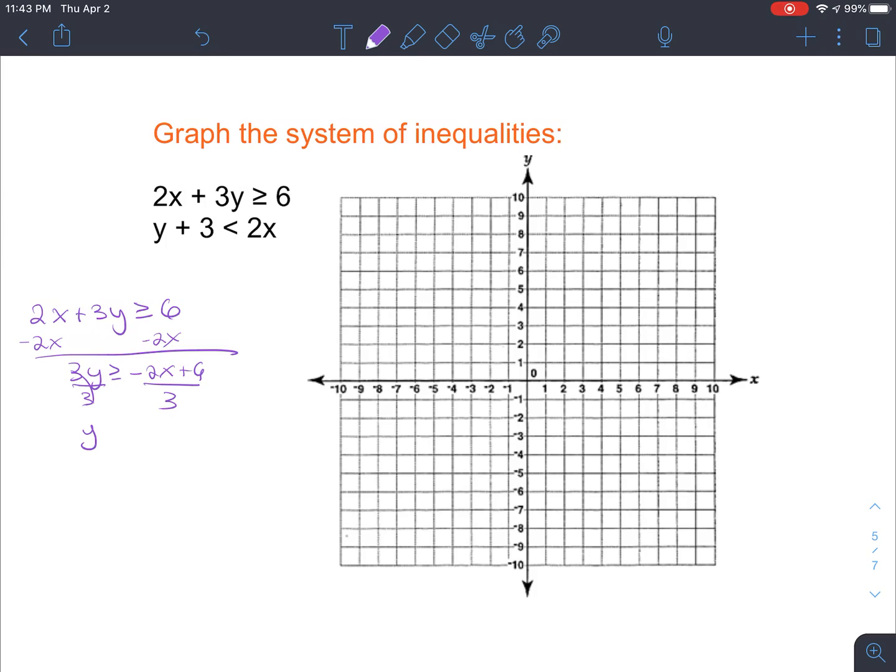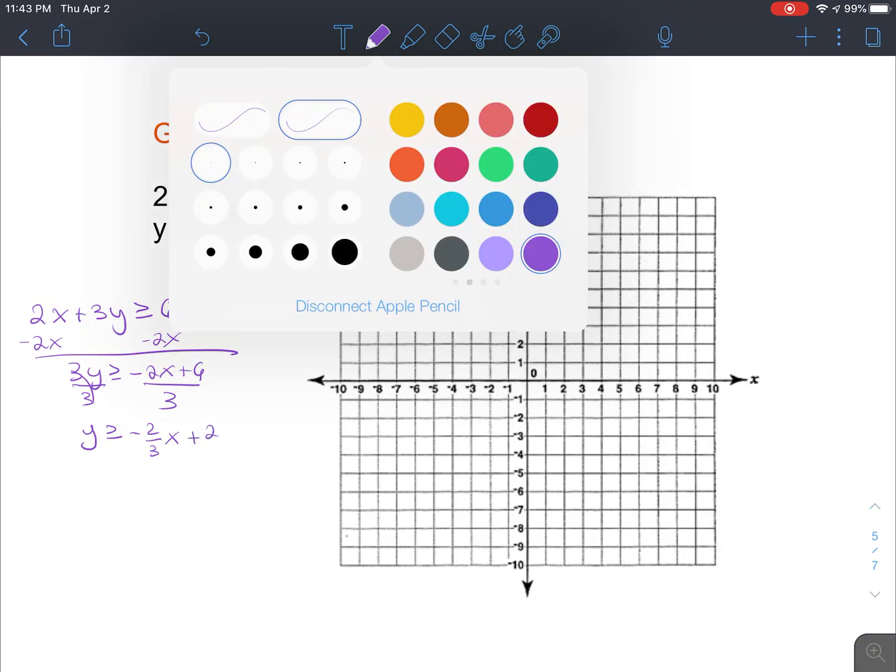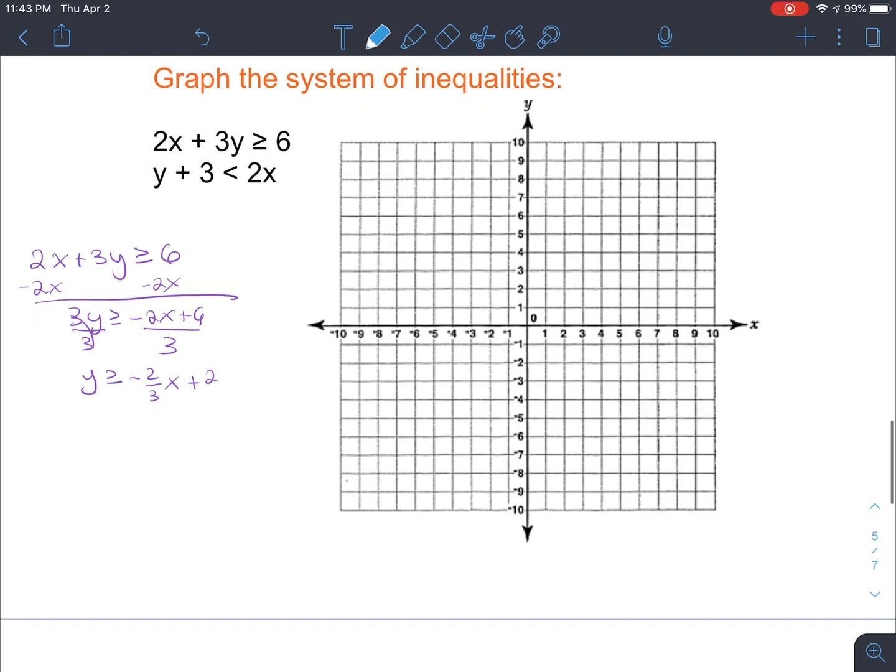I did not divide by a negative number, so my symbol stays. And I get this as my boundary equation. Now I'm just going to keep this color-coded so we can see what goes with what. Y plus 3 is less than 2x. All we have to do is subtract 3. Okay, so we have our boundary equations.